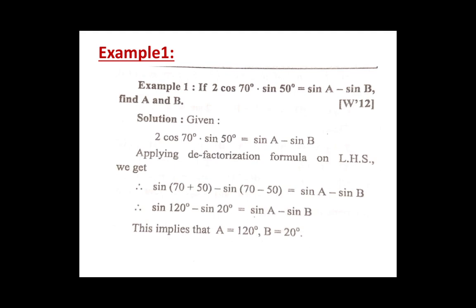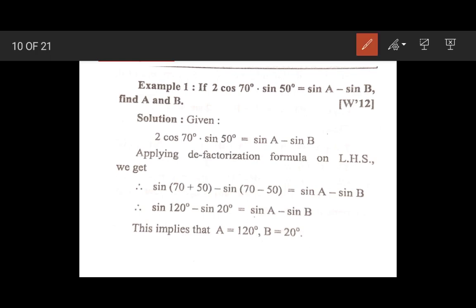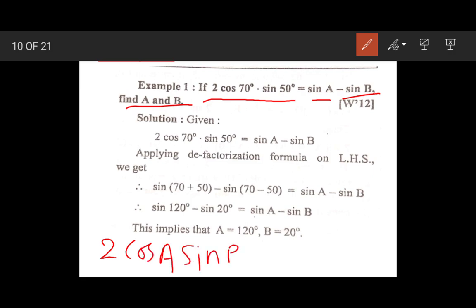Example 1: if 2 cos 70° sin 50° is equal to sin a − sin b, then find a and b. Now, this is given in the form 2 cos a sin b, and that is equal to sin a − sin b.